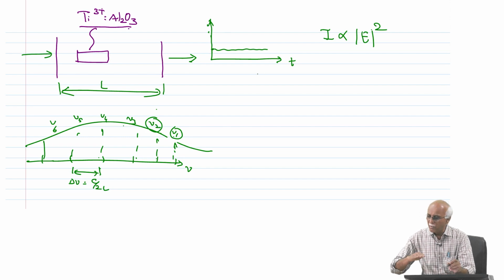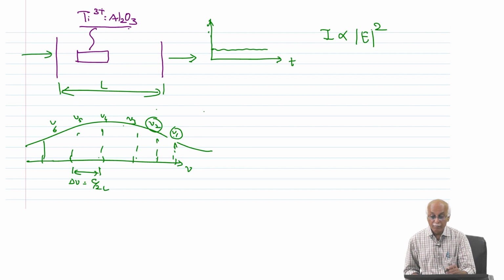The output power, if you add up in terms of intensity the sum of these electrical fields, will be a very small average power based on all the modes added up.